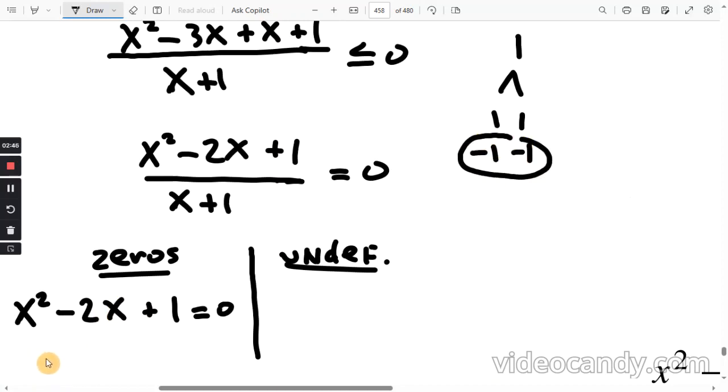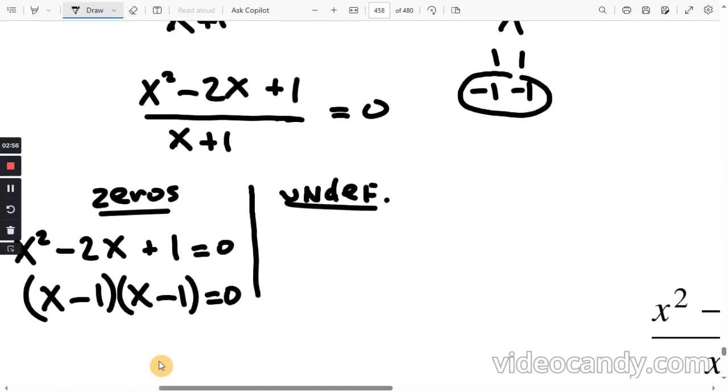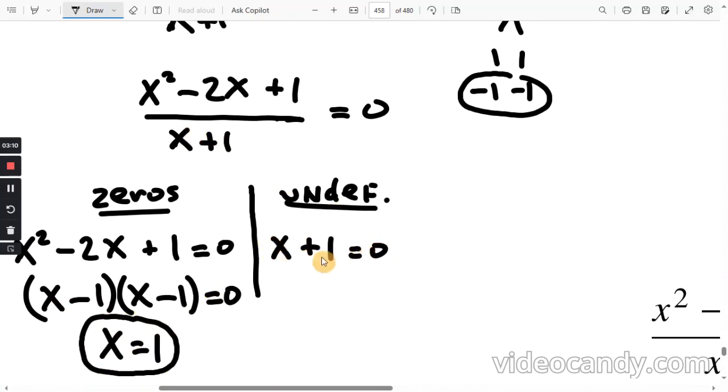So it's basically x minus 1 times x minus 1 equals 0. All right, either one of these can equal 0. So basically, x is just 1, because 1 minus 1 is 0. For the undefined, that's when the denominator equals 0. And minus 1 on both sides, you have x equals -1.